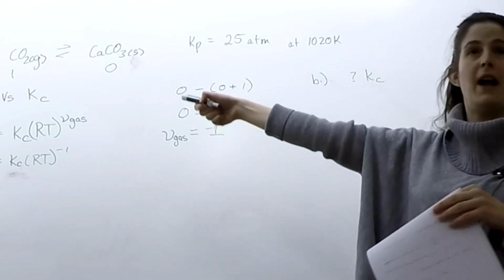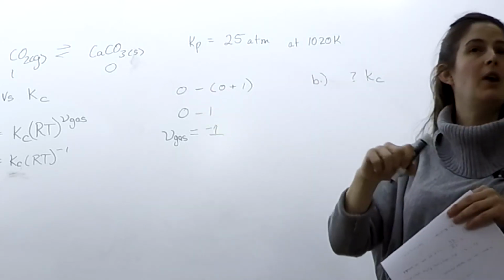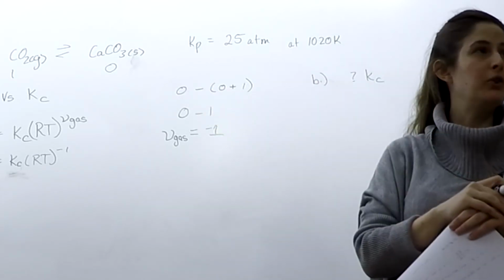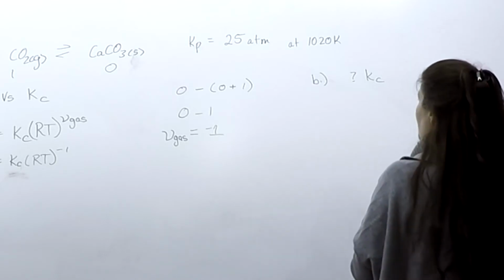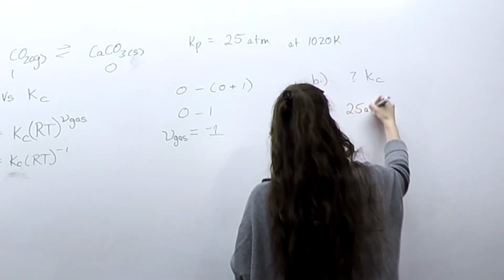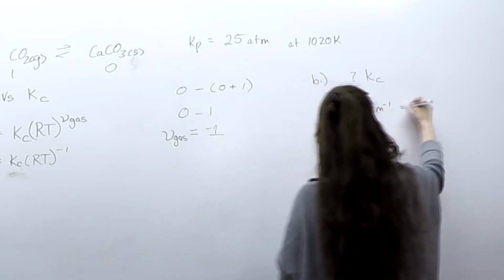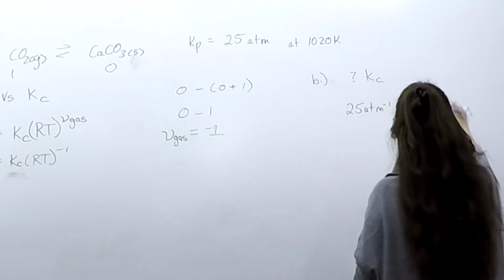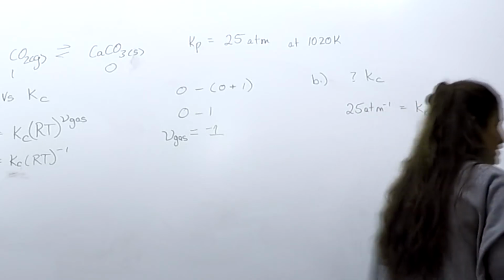We're going to use that reaction there. So now I'm going to use what I determined in the second part to find what Kc is. We know Kp is 25, so we can plug that one in. That's equal to Kc times RT.